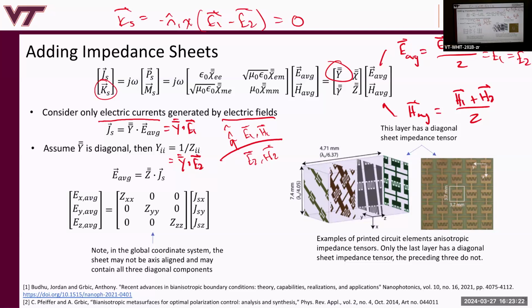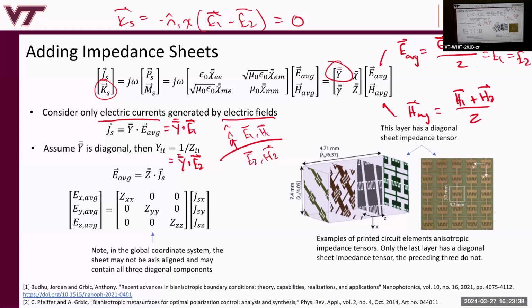Either one, they're the same. All right, so that's our boundary condition. J is equal to Y dotted with E total. Remember, these are all total fields, averaged.